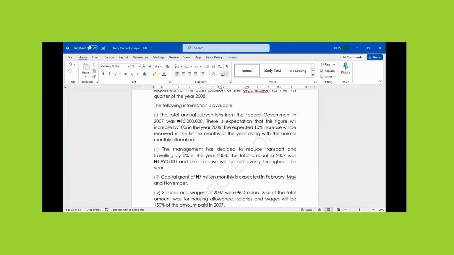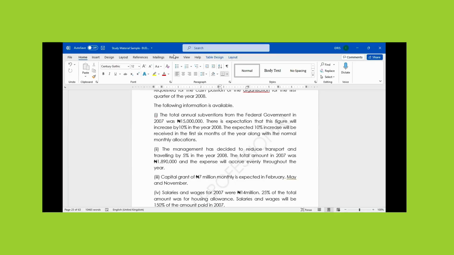Now, for us to know the transport and traveling in 2008, we can say 95% of what we spent in 2007, because it is going to reduce by 5%. If it were increased by 5%, that is when we would say 105% of what we spent. Abi? Yes, sir. Transport and traveling, is it inflow or outflow? It's outflow.